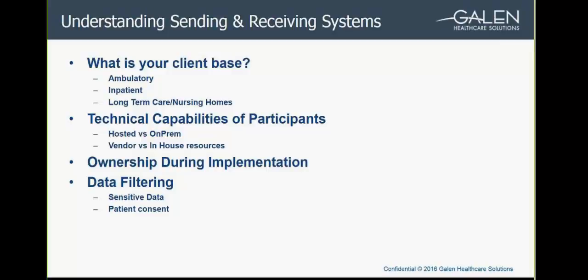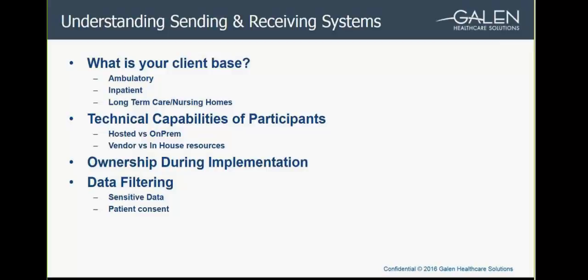Another thing we need to understand really before getting into the implementation phase is where ownership lies. This may be one of the biggest hurdles to onboarding. So what this means is, everyone has their own code sets, whether it be Epic, Meditech, or an HIE platform. They're supposed to be standardized, but in real life, we don't see that.